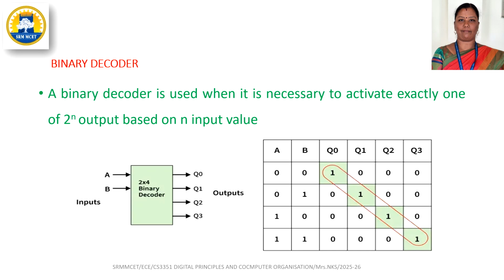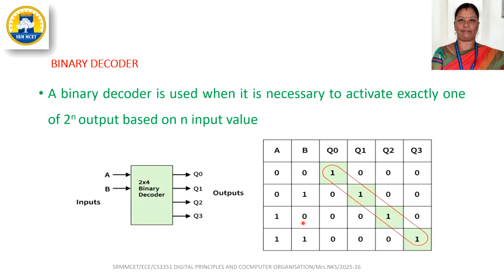So this is the truth table of the binary decoder. We will have 2 inputs, A comma B. 2 inputs will have 4 combinations. The outputs will be Q0, Q1, Q2, Q3. For binary 0, 0, it will activate the output Q0. For 0, 1, which is binary 1, it will activate the output Q1.